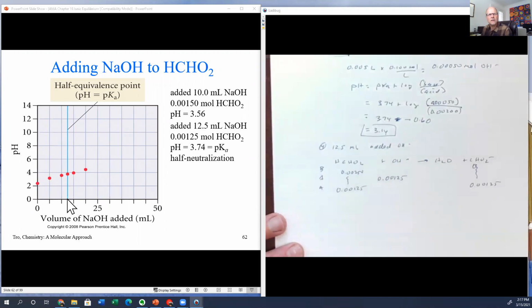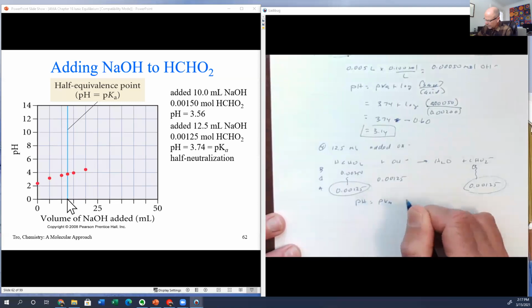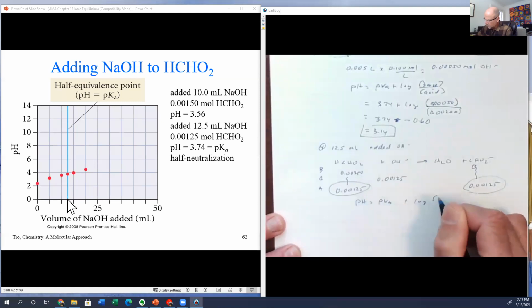First of all, notice we still have a buffer. Secondly, notice what kind of buffer this is. It's a buffer that has exactly the same amount of acid and conjugate base. When you have a buffer with exactly equal amounts of acid and conjugate base, what's its pH? Equal to pKa. Exactly pKa.